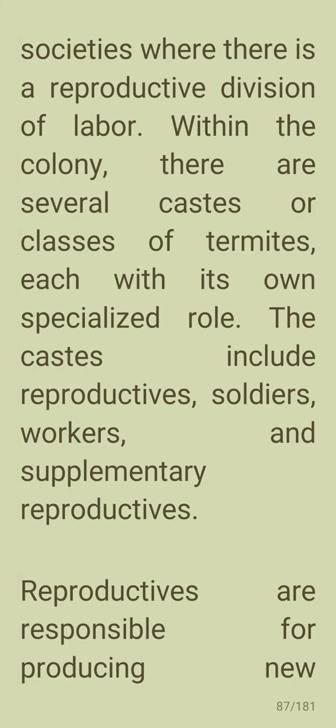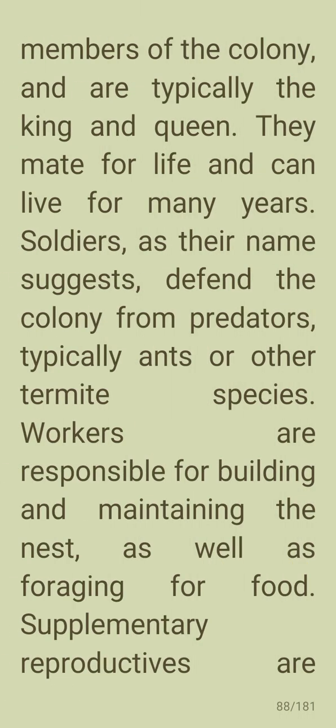The castes include reproductives, soldiers, workers, and supplementary reproductives. So reproductives are responsible for producing new members of the colony and are typically the king and queen. They mate for life and can live for many years.